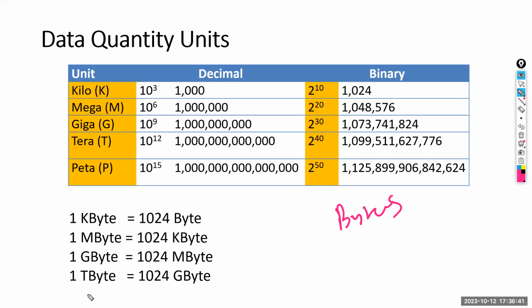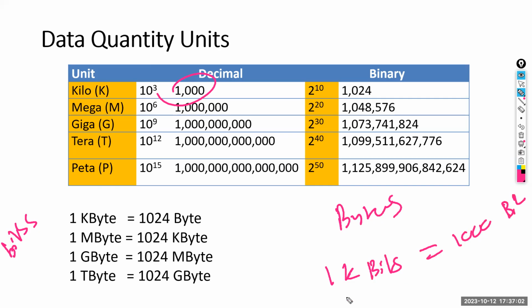But remember, this works for bytes only. If you are talking about bits, then of course 1 kilobit is 1000 bit. So this is something you have to remember. If someone says 1 kilobit, that is 1000 bit. But if someone says 1 kilobyte, that is 1024 byte.